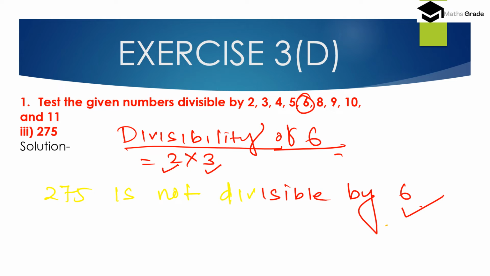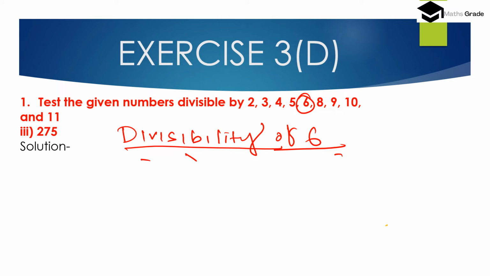Now we will check whether the number is divisible by 8 or not. We know if the last 3 digits of the number are divisible by 8, then the number is divisible by 8. Here the last 3 digits of the number 275 are 275.